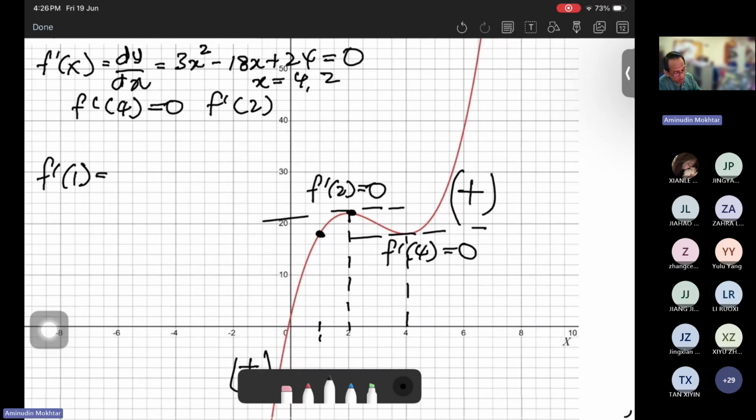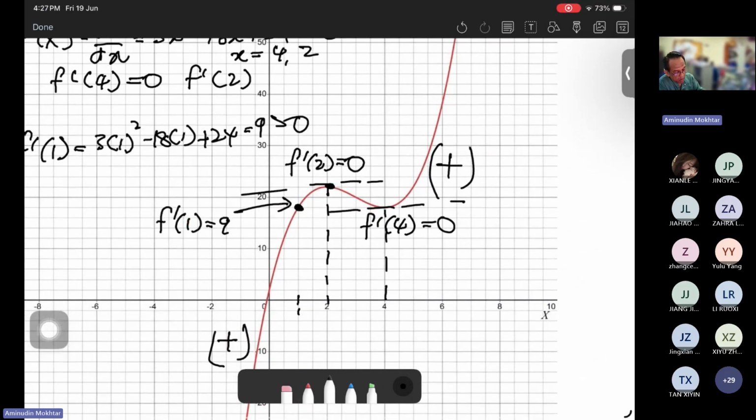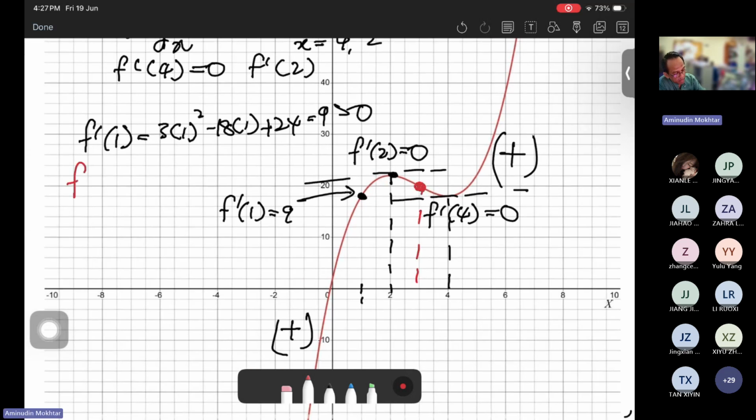Now I would like to find the slope of the function after 2 but before 4, between these two critical points. Let's say at point x equals 3. So f prime 3, the slope of the function, is equal to 3 times 3 to the power of 2 minus 18 times 3 plus 24.